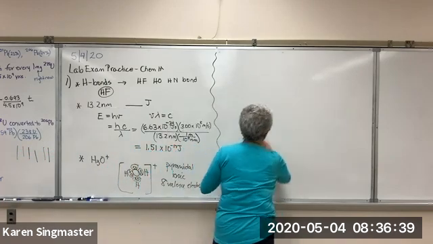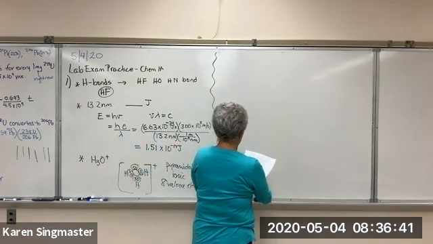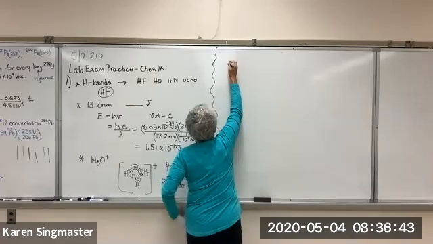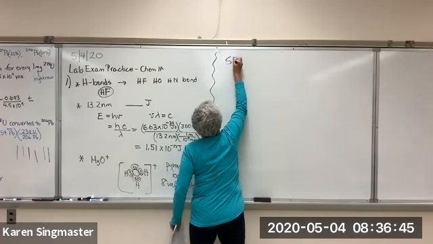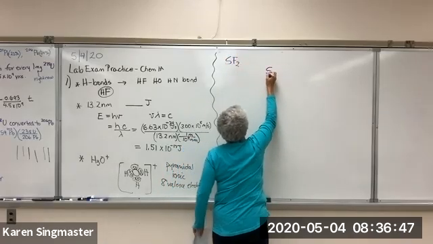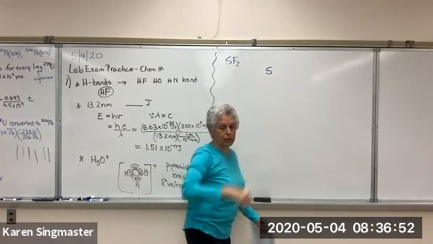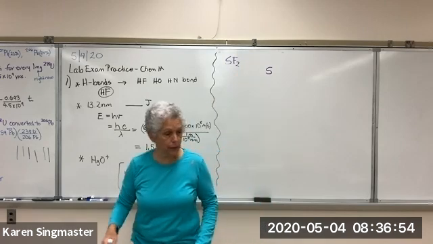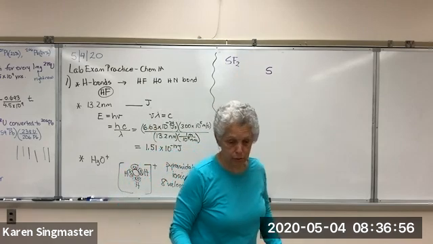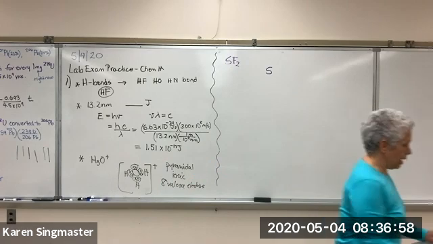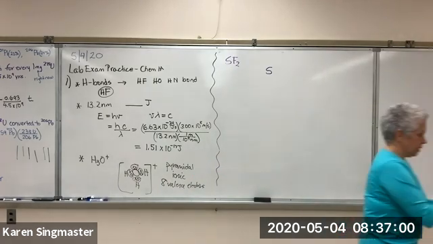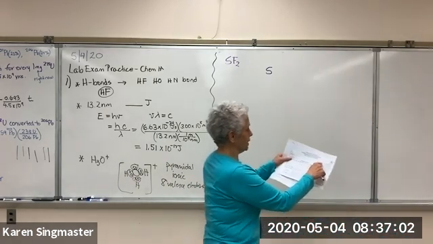Next one, molecular geometry of SF2. So SF2, sulfur in the center. Sulfur's number in the periodic table, do I have a periodic table? Because I'm going to need one soon. I got one right here, good. So it's in group 6.